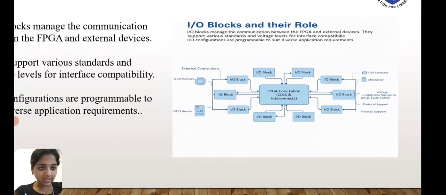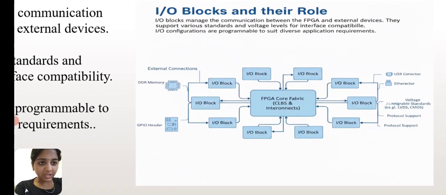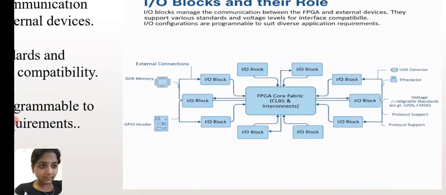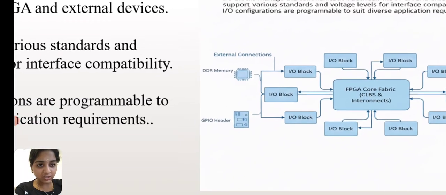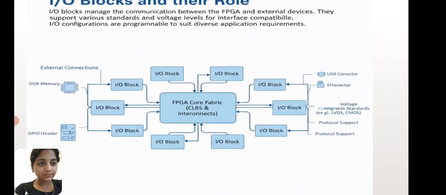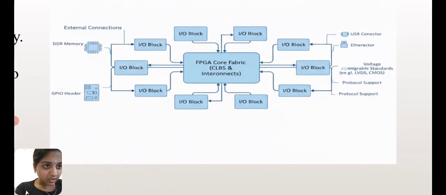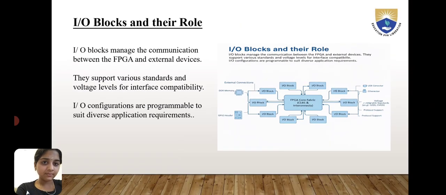Here we can see the IO blocks which are connected to the FPGA core fabric, CLBs and interconnects. On the left side we can see the external connections, DDR memory and GPIO header. On the right side we can see the USB connector, Ethernet, voltage, protocol support and so on. So these are the roles of the IO blocks.